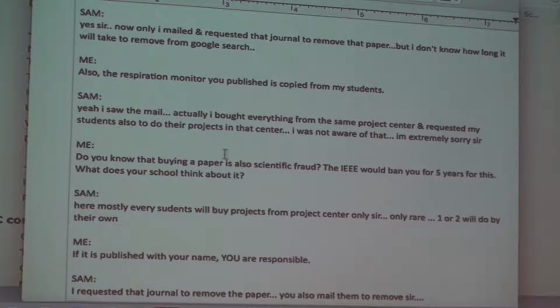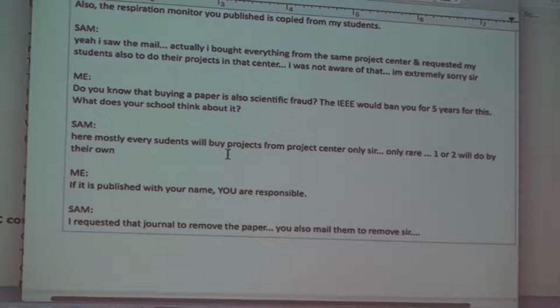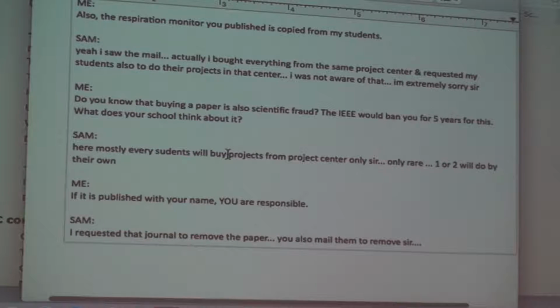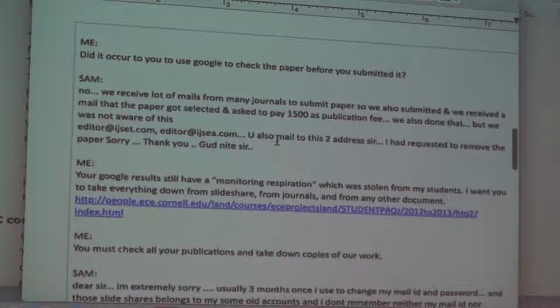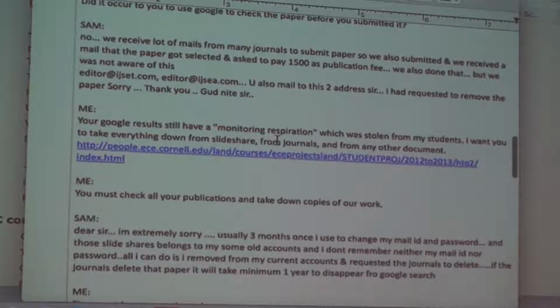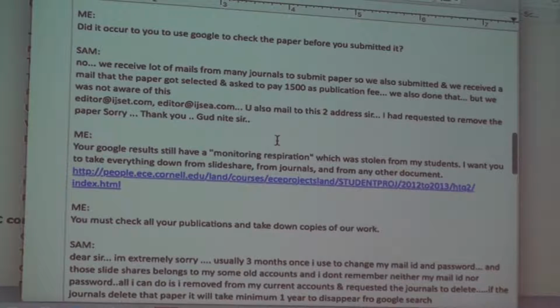I mean, that's when my brain seg-faulted. Here, most every student will buy projects from Project Center. Only one or two will do their own. I wrote her back saying, I'm not taking students from your school anymore for MEng.